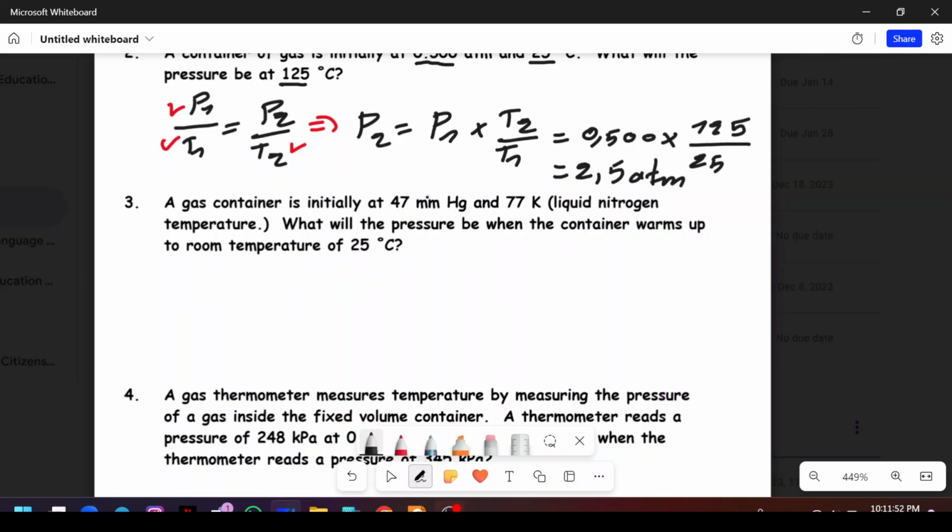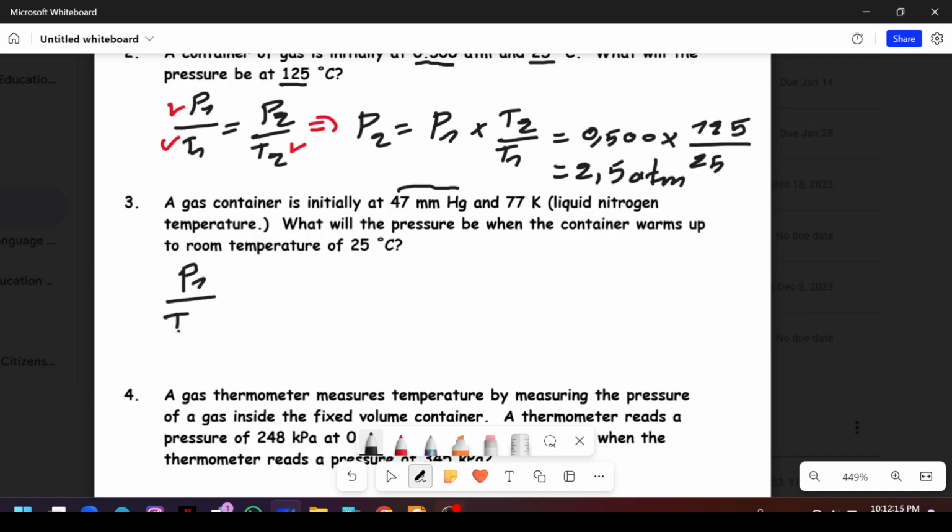So let's see what we have here. We have the initial pressure. Millimeter of mercury is a pressure and Kelvin is temperature, absolute temperature. And the 25 degrees C is a temperature also.